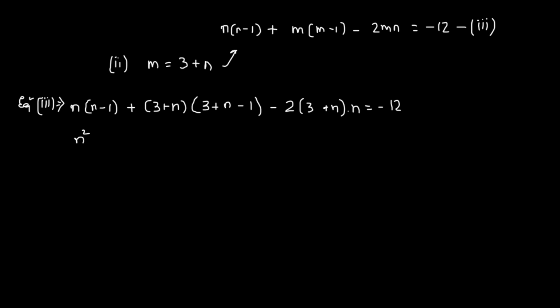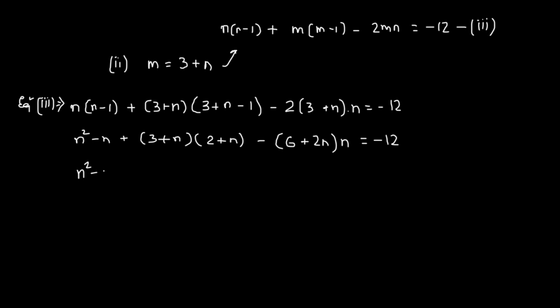So n times n will be n squared minus n plus 3 plus n times 2 plus n minus 2 times 3 is 6 plus twice of n, whole times n, is equal to negative 12.